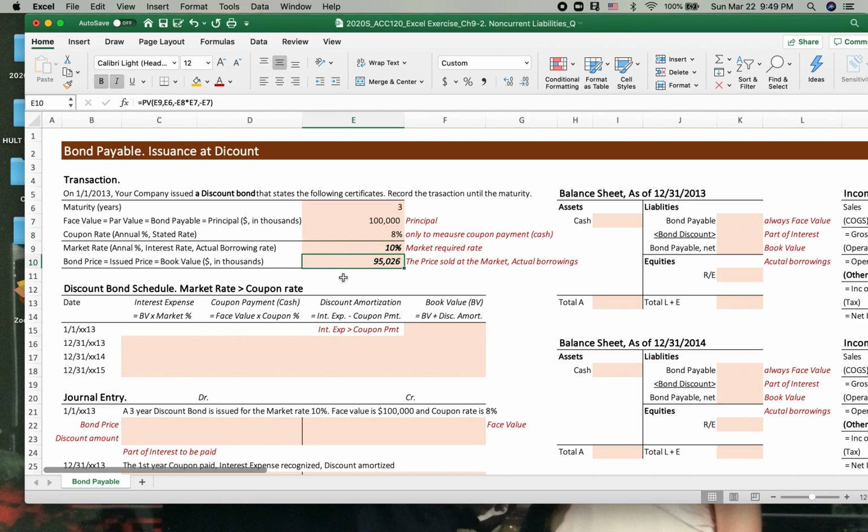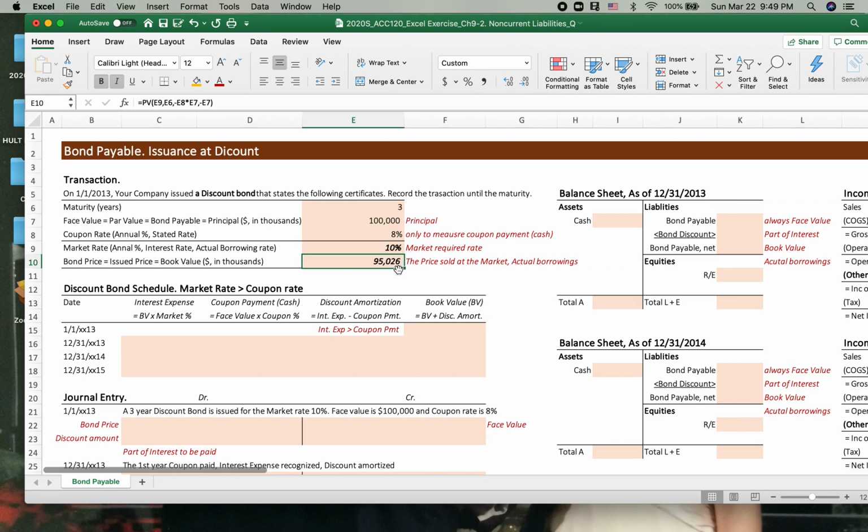Right. The bond price is $95,000, which is the discounted price. The investors put their investment amount, $95,000, to buy this bond, even though the par value or face value of this bond is $100,000.